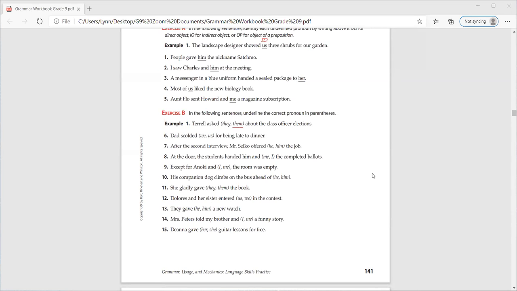Number 9 will be I. Okay, leave out Anoki. It will be me. Yes. Number 10 will be him. Yes. Number 11 will be them. Yes. Number 12 will be us. Correct. Number 13 will be him. Correct. Number 14 will be me. Yes. Number 15 will be her. Good job. Thank you. Any questions on this page?